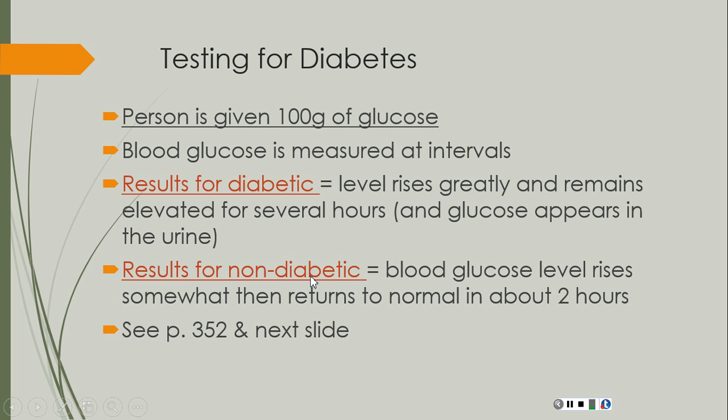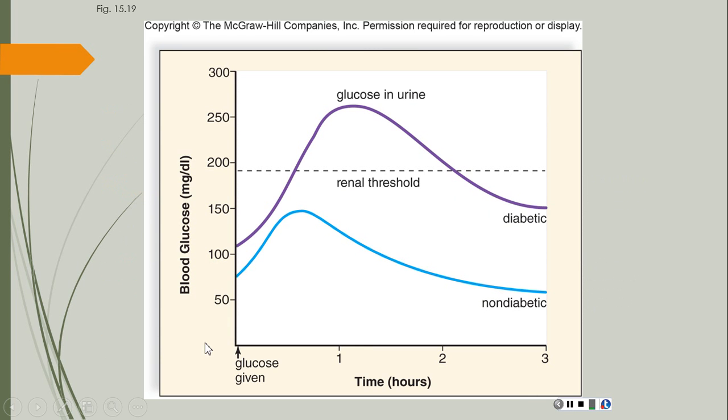For non-diabetic people, after taking 100 grams of glucose, the blood glucose level will rise somewhat, but then it'll return to normal in about 2 hours. And that's what this illustration is trying to show you. When given the glucose, the purple line indicates somebody with diabetes.